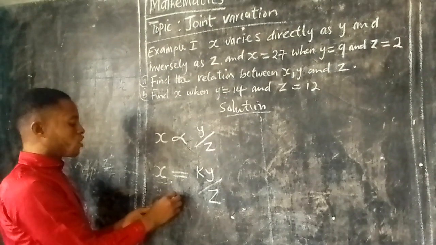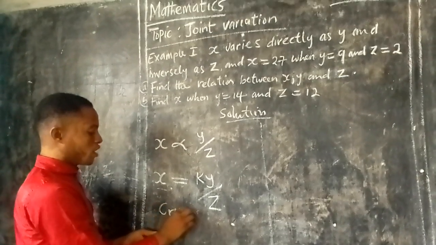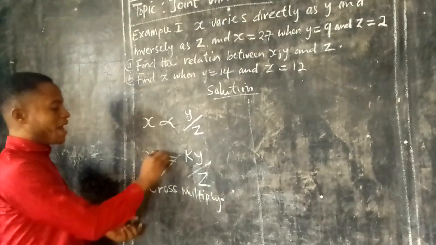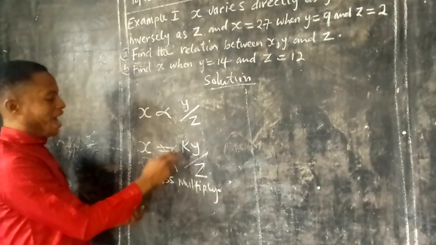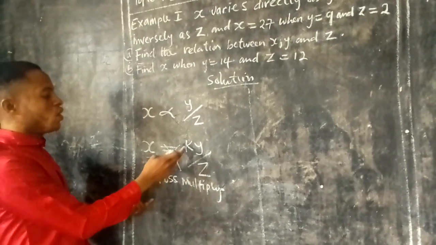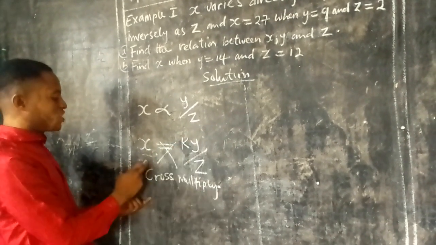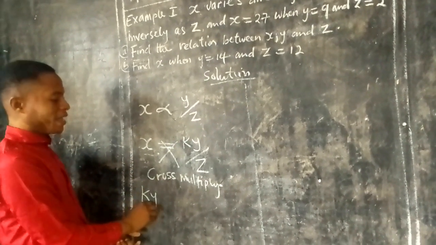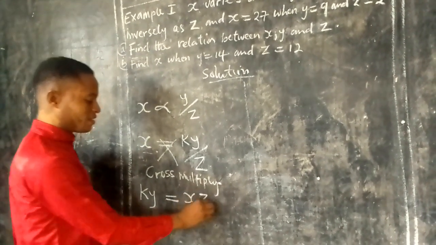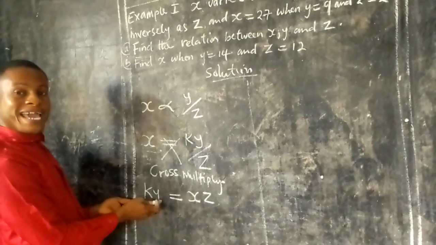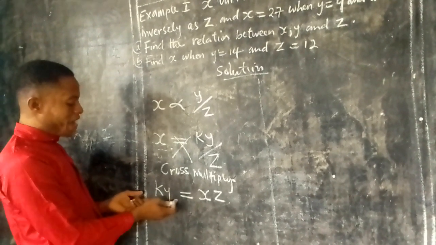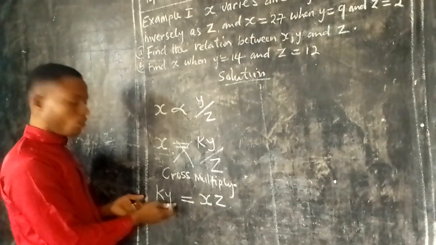By so doing, we cross multiply. When we cross multiply, x will times z and ky will times 1. There is an invisible 1 here. So ky times 1, we have ky equals xz. To make k stand on its own, the subject of the formula, we divide both sides by y.